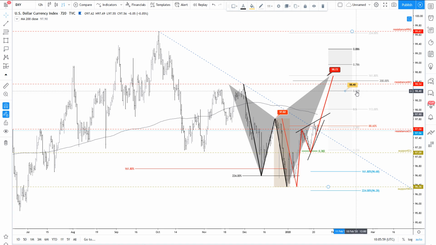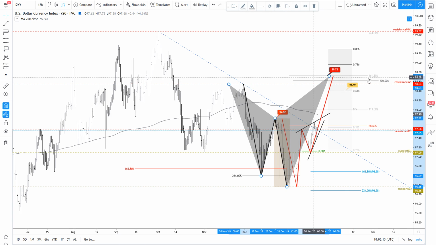So this is the 61.8 percent Fibonacci retracement, and well, there's no perfect confluence at this point between those completion points and a retracement level.